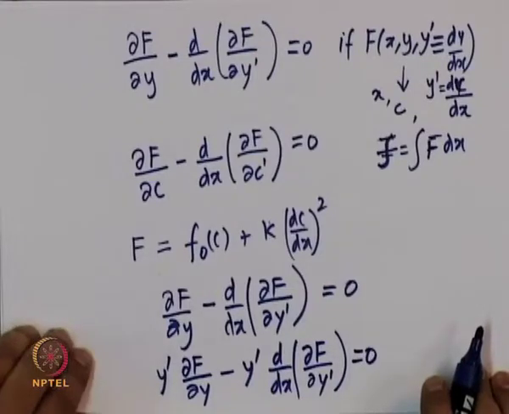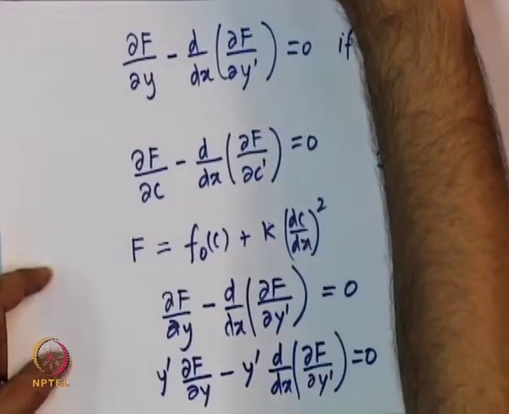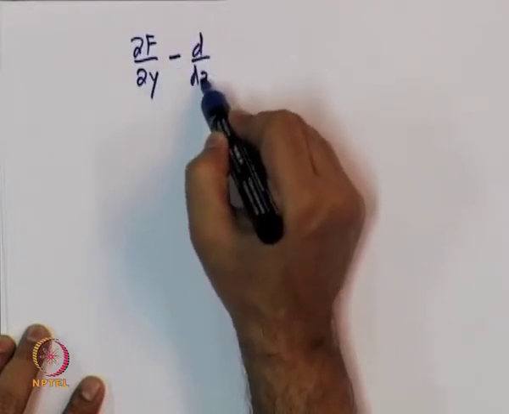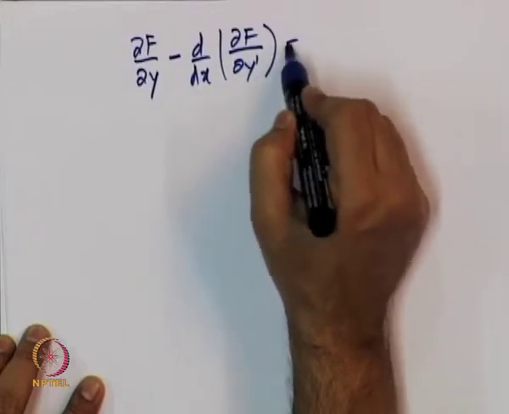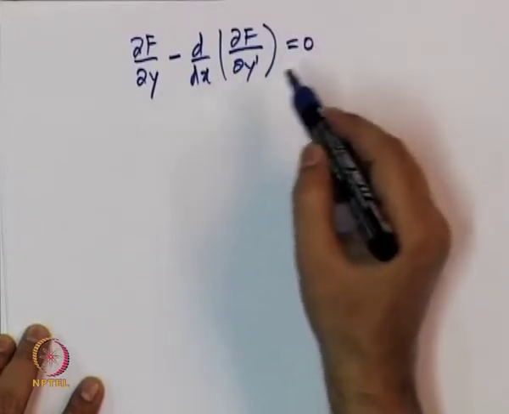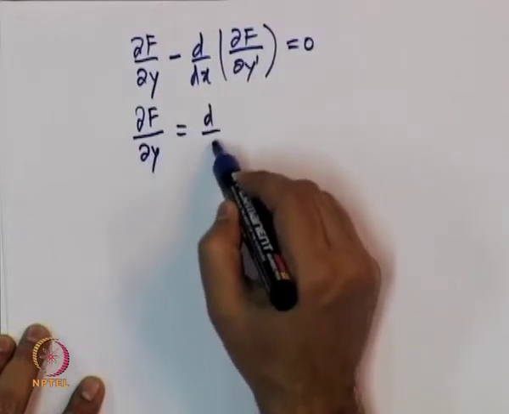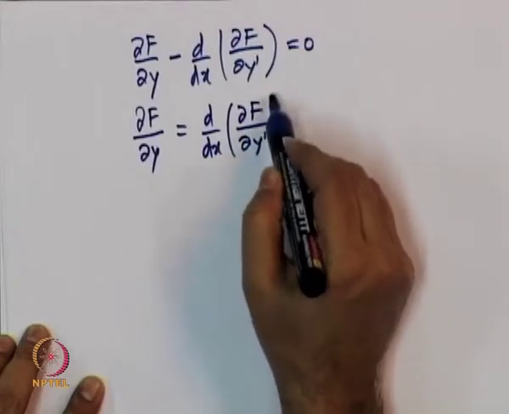Now, when we have ∂f/∂y minus d/dx of ∂f/∂y' equal to 0, this implies that ∂f/∂y is equal to d/dx of ∂f/∂y'.